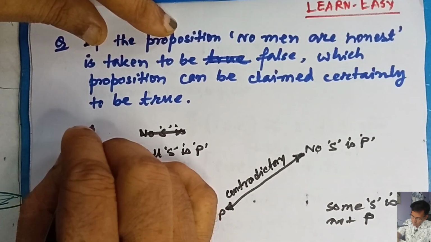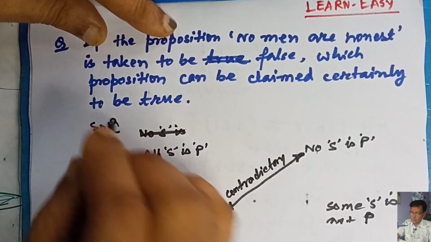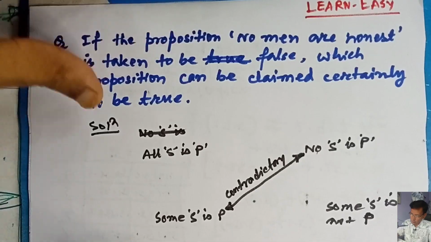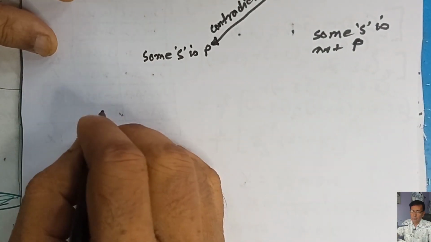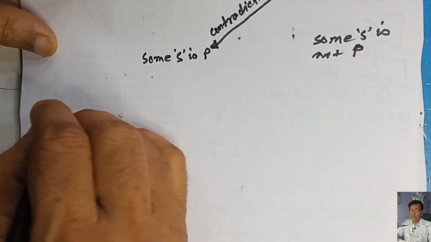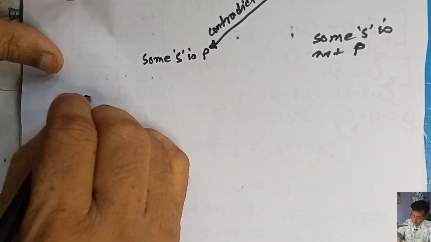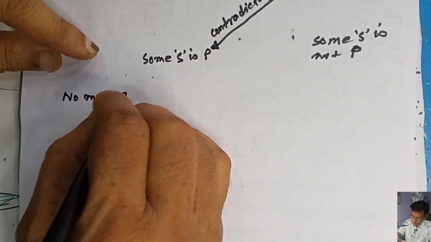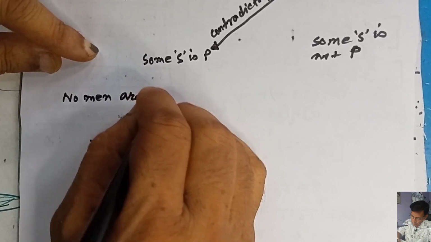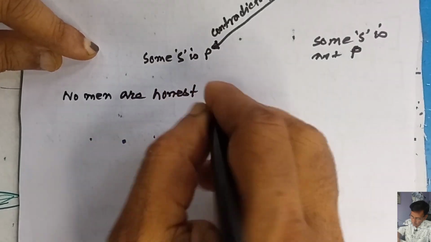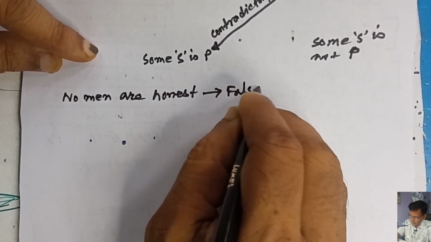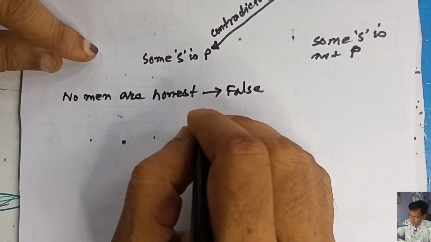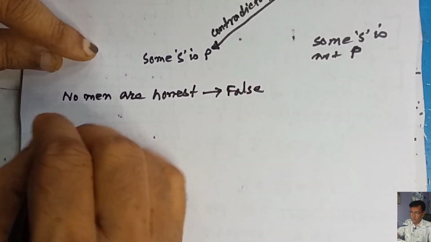Now, no men are honest. And this is taken to be false. So the contradictory is certainly true.